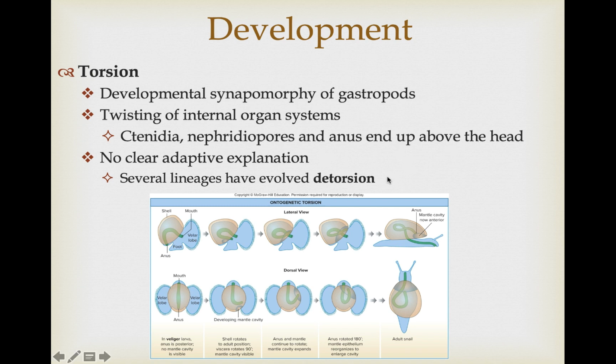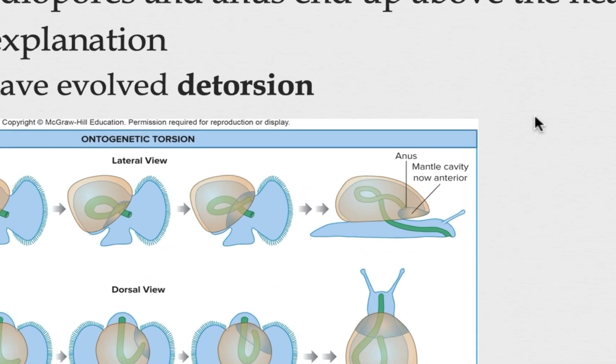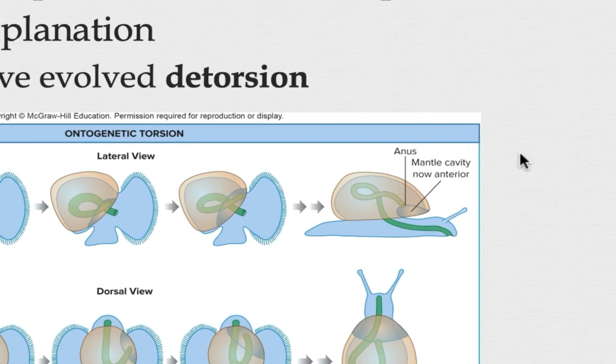And in fact, some gastropods have evolved what we call detorsion, kind of straightening things back out, where it probably is more beneficial. So here's why torsion itself wouldn't be a good idea. Here we have the head, we have the digestive tract that goes through this twist, and look at where the anus is opening up.